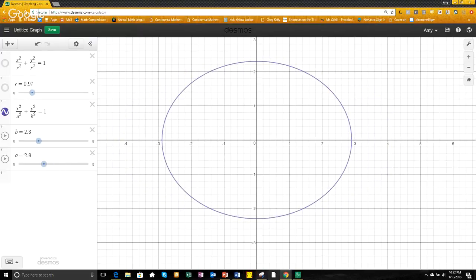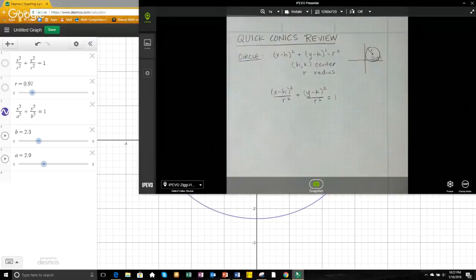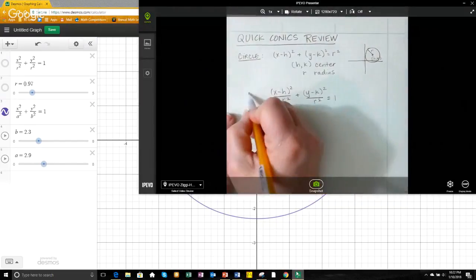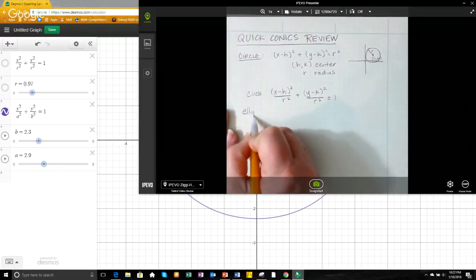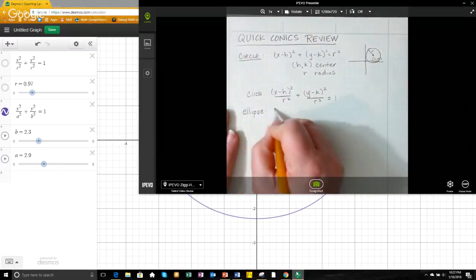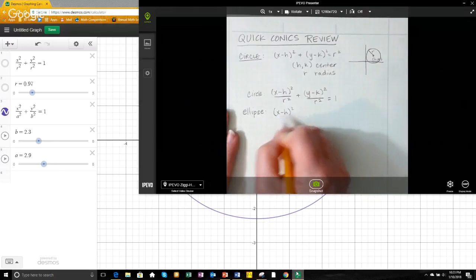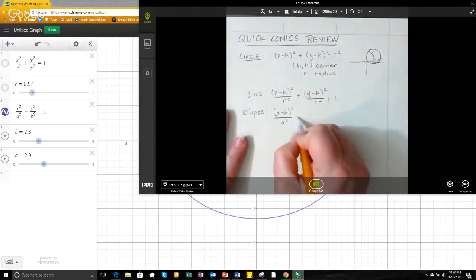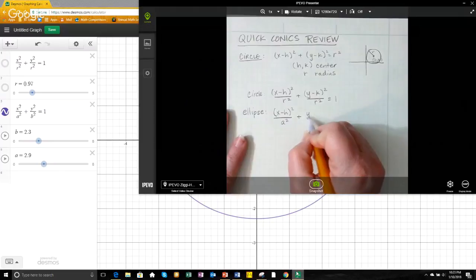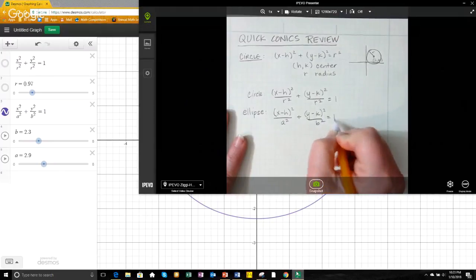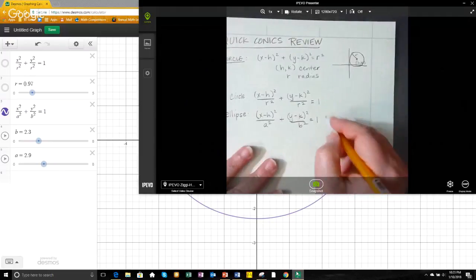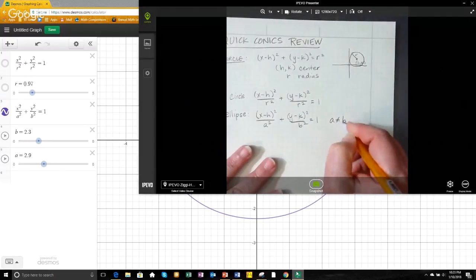And indeed it would be. So when this is a circle, an ellipse equation is going to be (x minus h) squared over a squared plus (y minus k) squared over b squared equals 1. Now, this is when a is not equal to b.